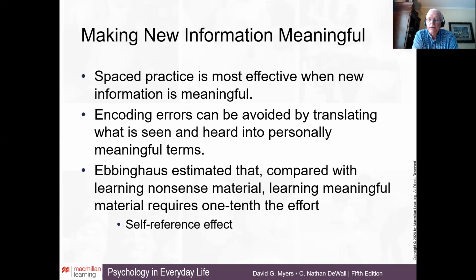This is one of the reasons why I love to use examples in learning about new information in our class. And this is the reason why I ask you to write reflective writing assignments where you relate things that you're learning in class to your life in some personal and meaningful way. When we do that, we're making information meaningful.